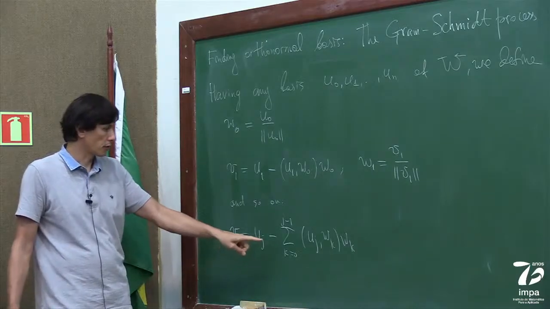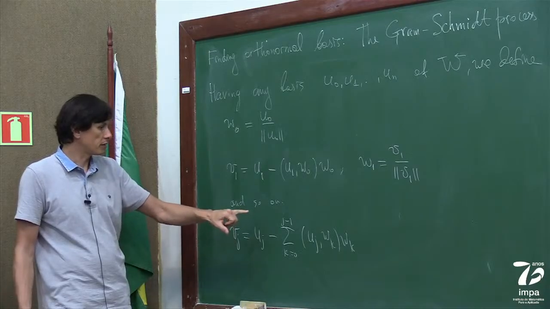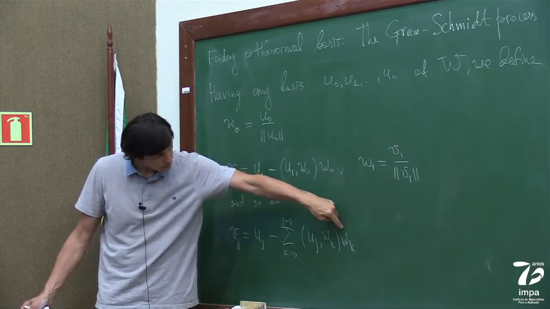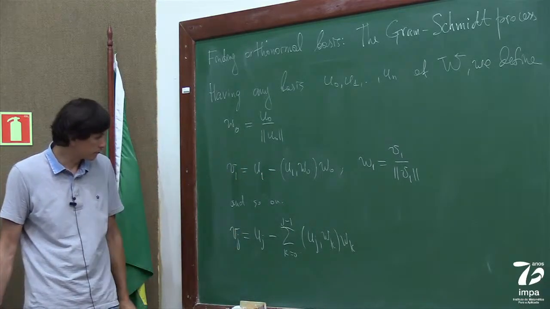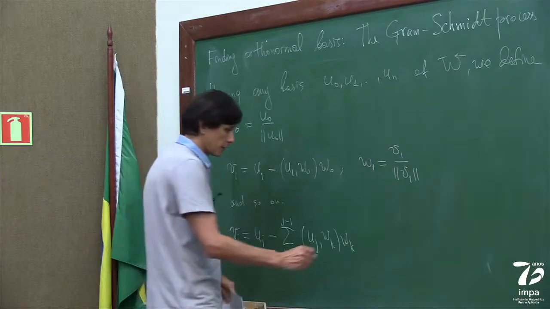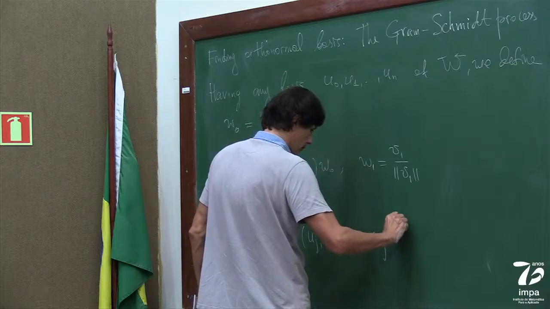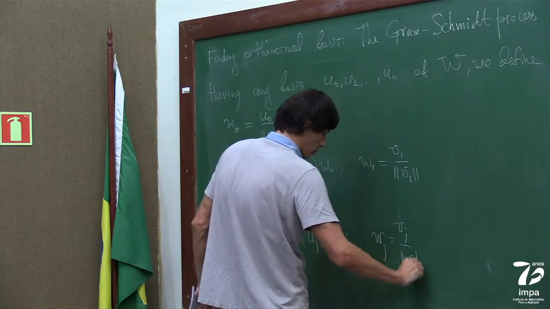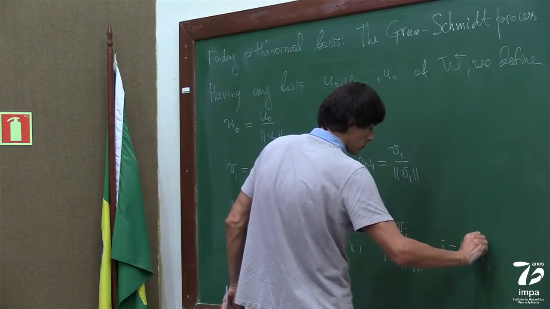Okay? So you see, if you take the scalar product of Vj with any previous W, you will see that due to the orthonormality of these W's, it will give 0. And then normalize. So j is from 1 to n.